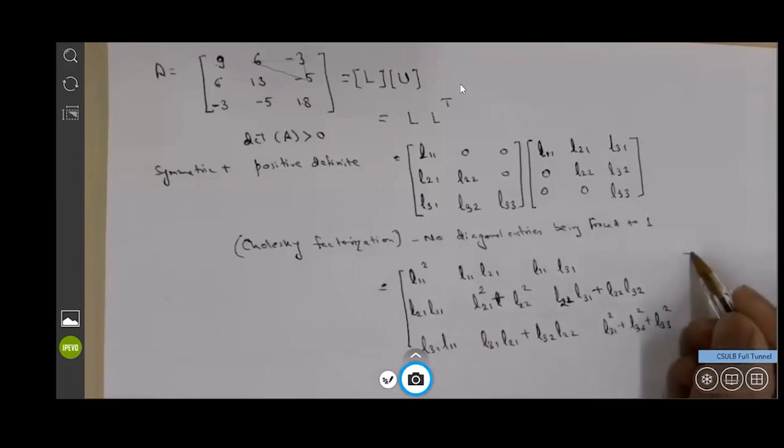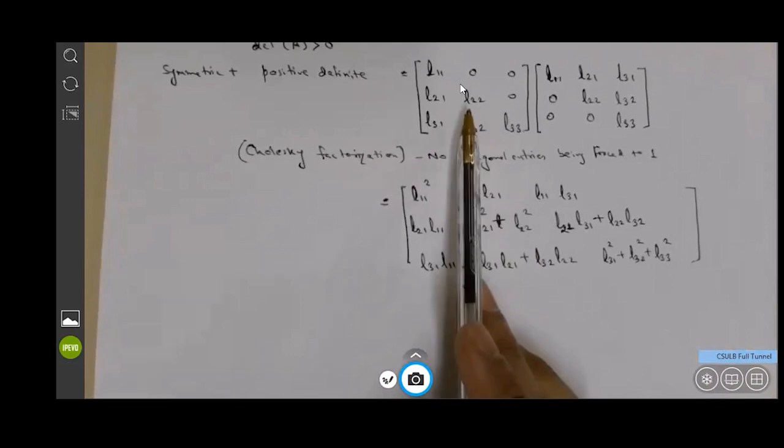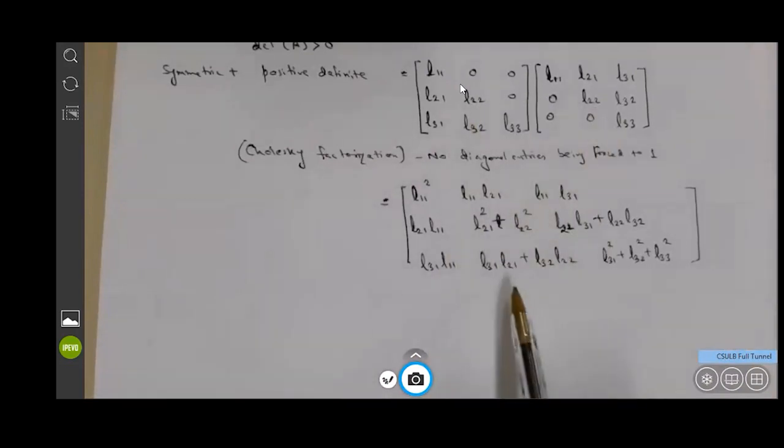Am I correct, guys? I just multiplied this matrix with this. That's what I'm getting. Are you with me, guys? Yes, looks good. Yeah, just trying to check it.